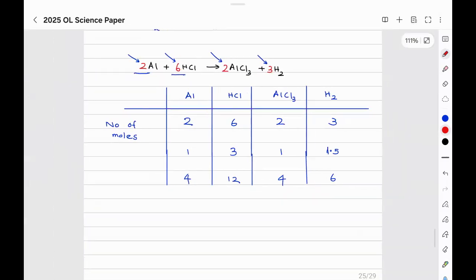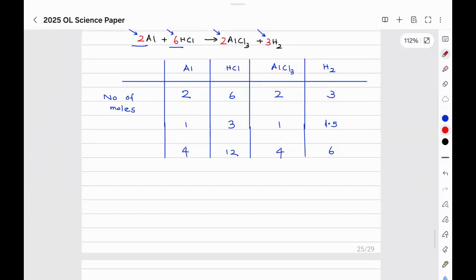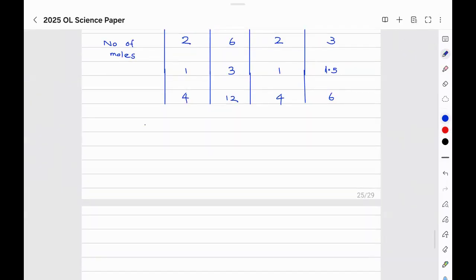So the reaction is, calcium carbonate reacting with HCl to produce calcium chloride, carbon dioxide, and H2O. In order to balance the reaction, we can put 2 here. So carbon dioxide moles are 0.5.